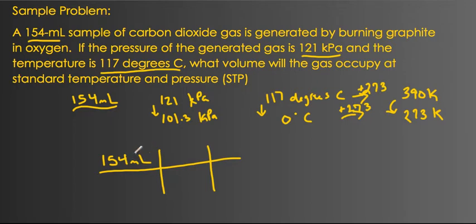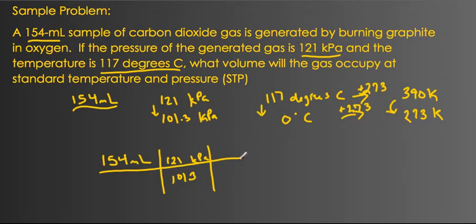When I'm multiplying 154 times this ratio and I want the 154 to end up bigger, I need to put the 121 on top and the 101.3 on the bottom. This ratio handles my change in pressure.